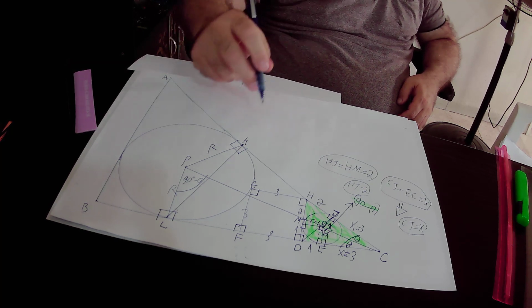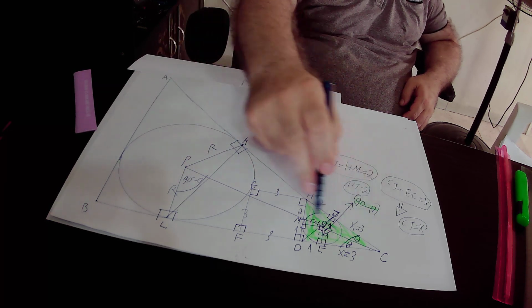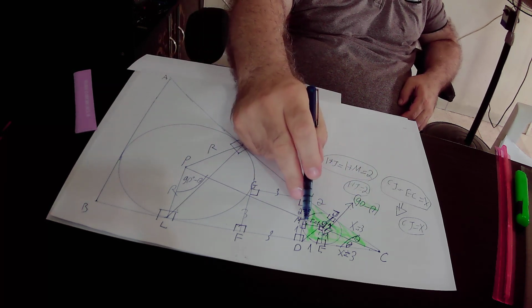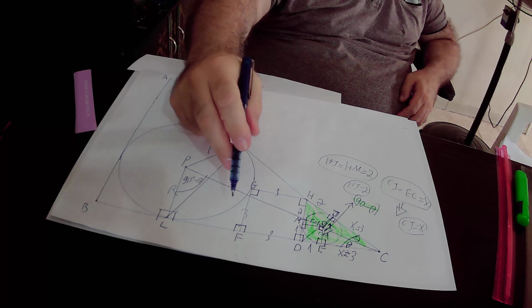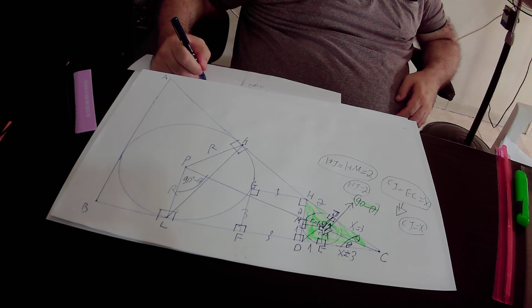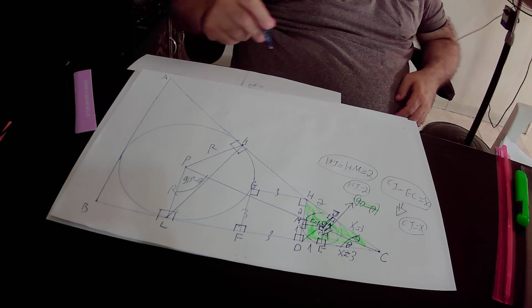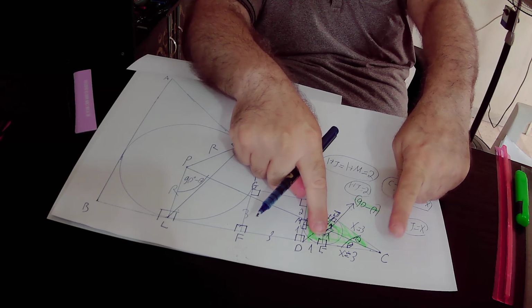And it is equal to LC. What is the length of LC? LC equals to 3 plus 1 plus 3, that is 7, plus LF. Again, LC equals to 7 plus LF over EC. EC equals to 3 units.